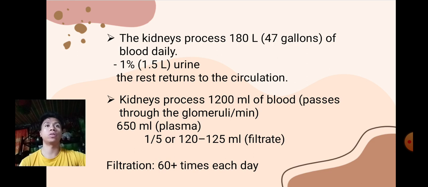So for the information of everybody, our kidneys process 180 liters, or about 47 gallons, of blood-driven fluid daily. Less than 1% of that, or about 1.5 liters, leaves the body in the form of urine.